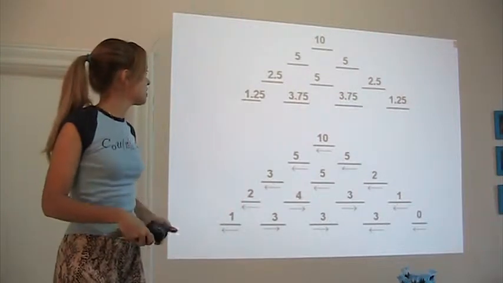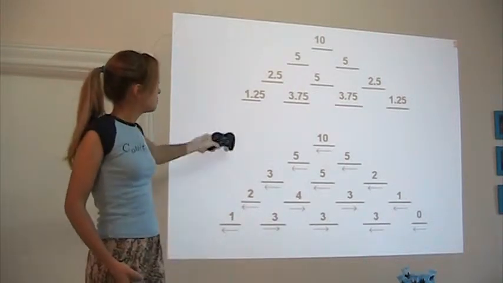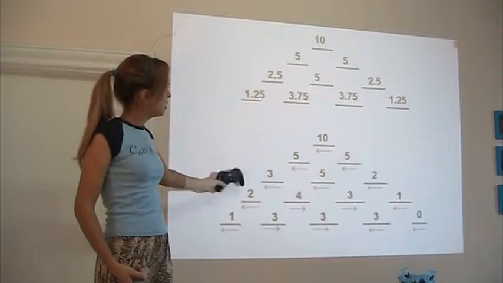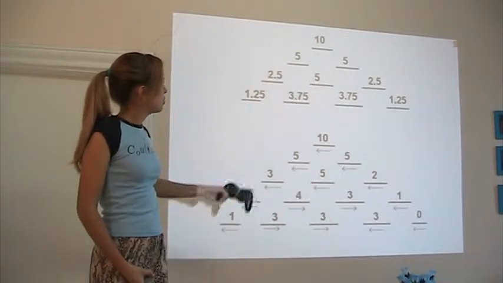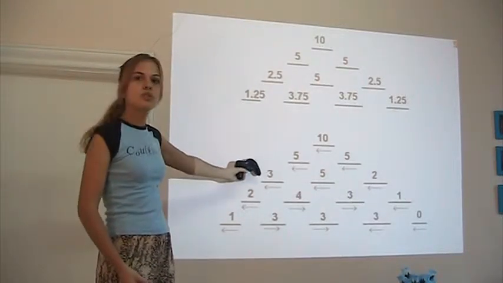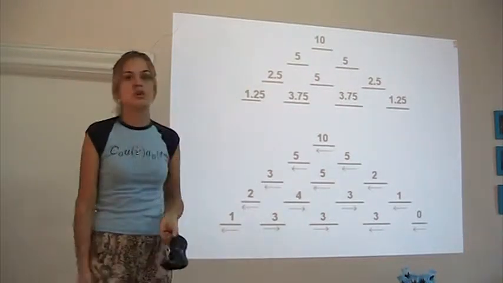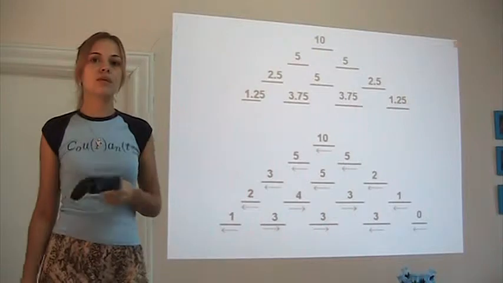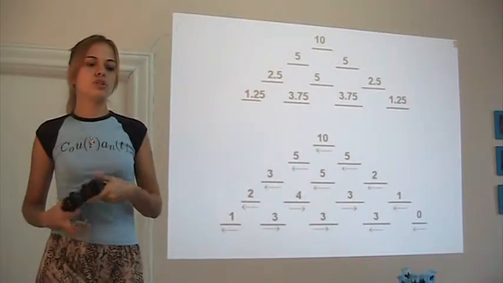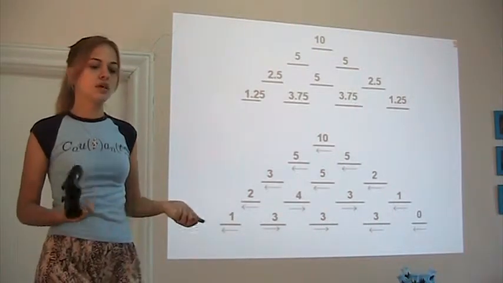You can see that some places have different numbers in the 2 pictures, right? So that 2.5 is here a 3, which is a difference of a half. From here to here we have a difference of 0.75. And the interesting question is, can this difference be as large as we want?